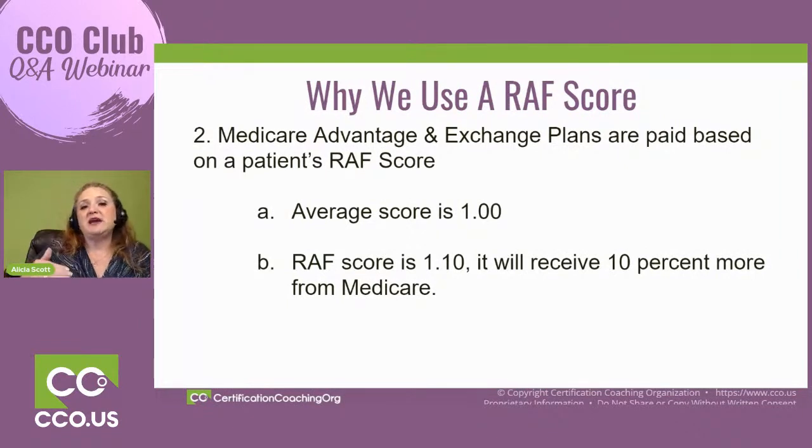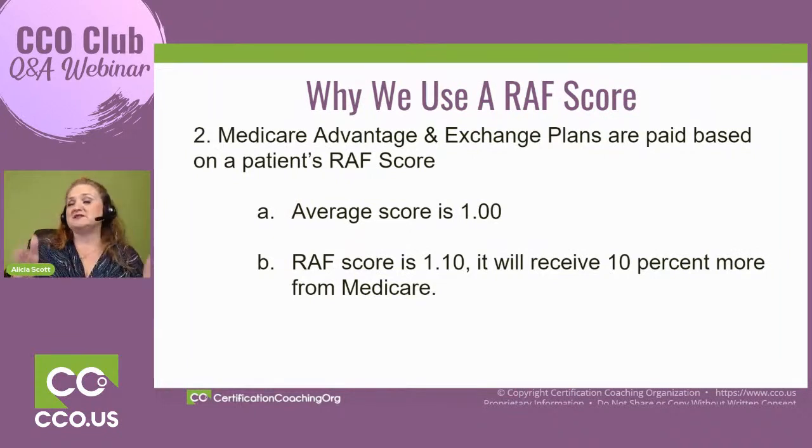Now, if a patient is over a 1, that just means they're sicker. However, it also means the compensation or the payment that Medicare looks at is that anything over the decimal, they pay out more. So if a RAF score average is 1, then a 1.10 will get 10% more from Medicare.